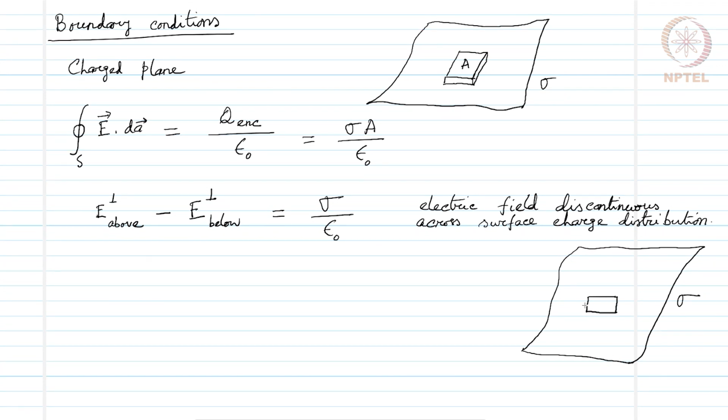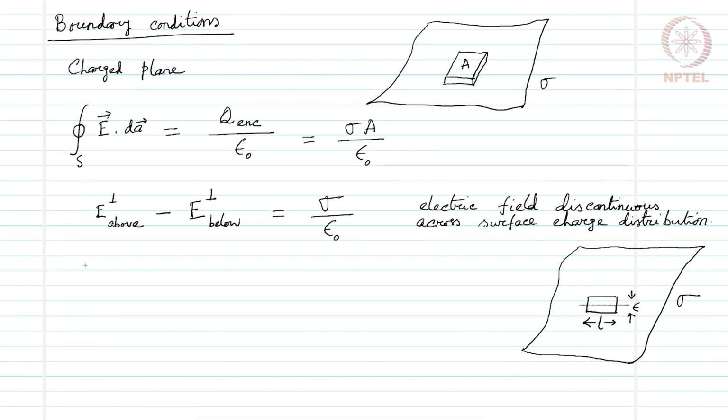So, this loop cuts the surface here, the surface cuts the loop here. Let us consider the length to be L and epsilon be the width of this loop, which is very small.